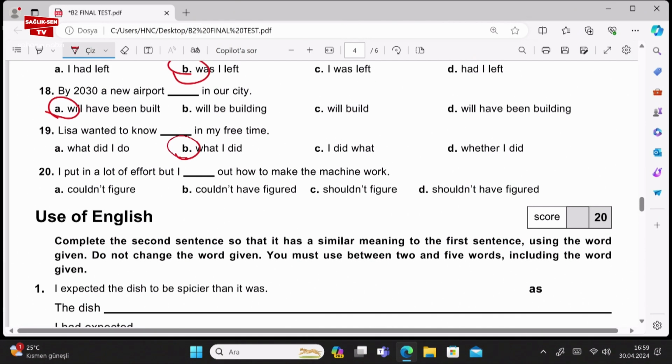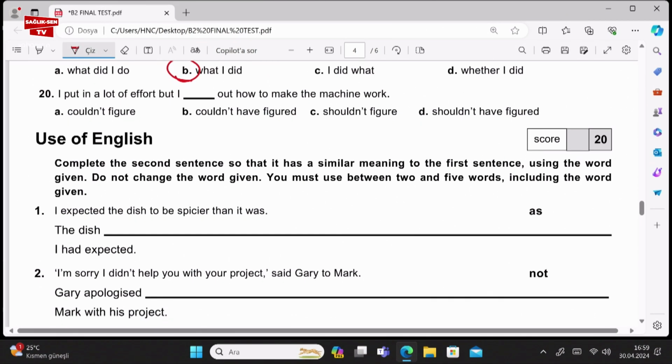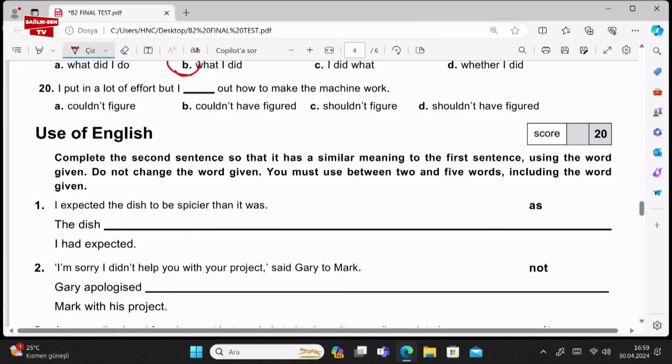I put in a lot of efforts, but I blah blah out how to make the machine work. So I tried a lot, I tried hard, but I couldn't have figured out or couldn't figure.